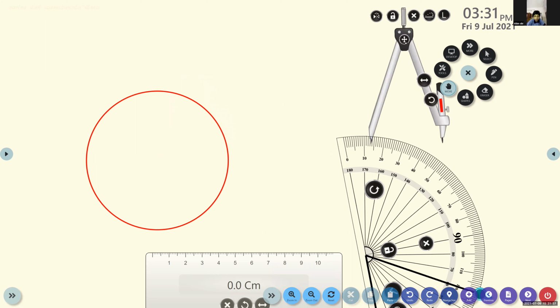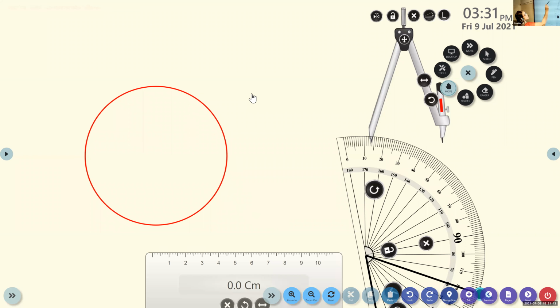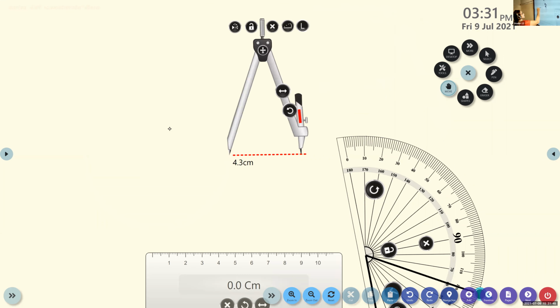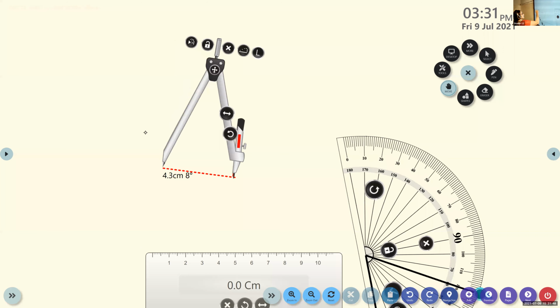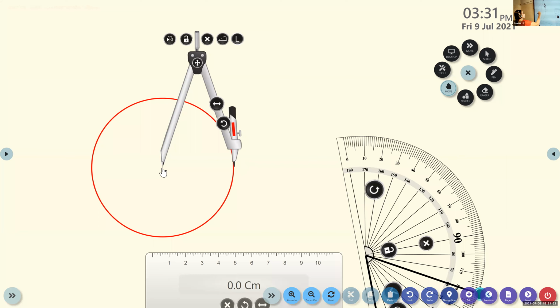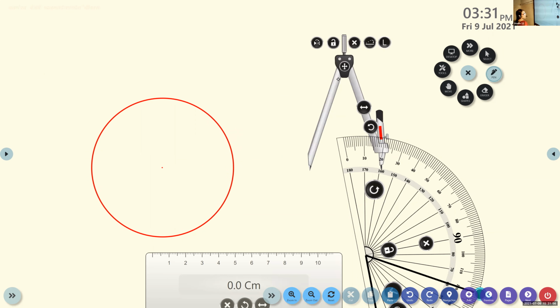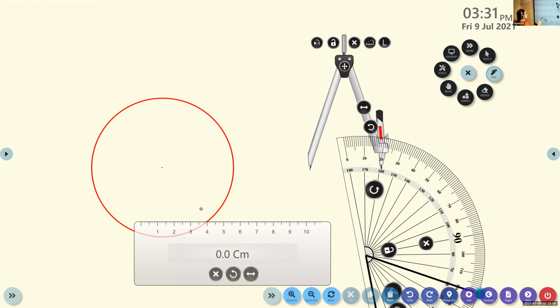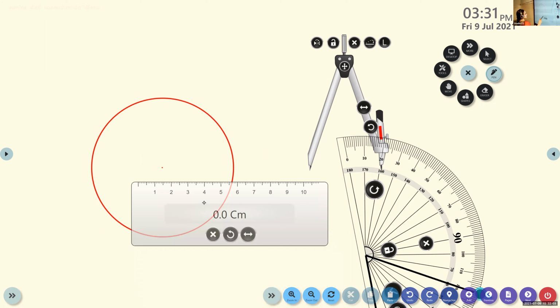I didn't mark the center. Draw a circle with any radius and mark its center. Then draw any one of the radius.